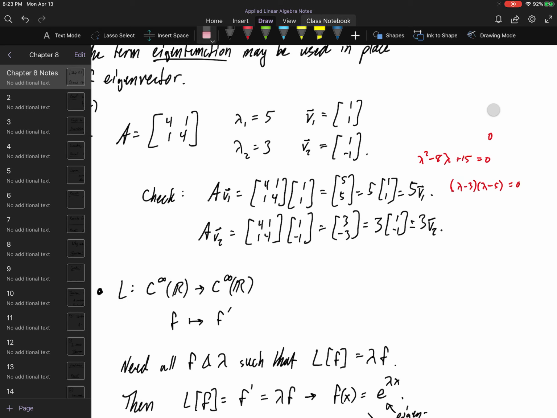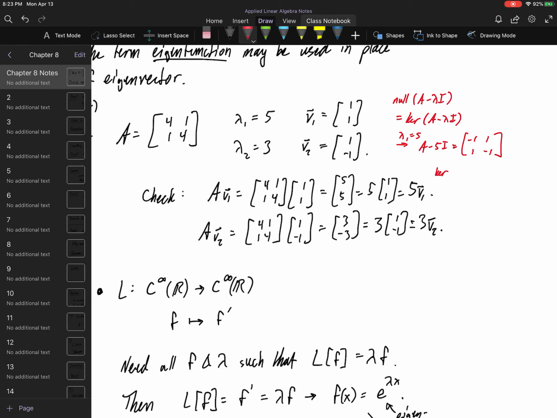Nothing to it, okay? So from there, we compute eigenvectors. Those eigenvectors are found as the null space, or the kernel, of A minus lambda I. Just to put it down, this is the kernel of A minus lambda I. If we do this, say, for lambda 1 equal to 5, then A minus 5I is going to be minus 1, 1, 1, minus 1.